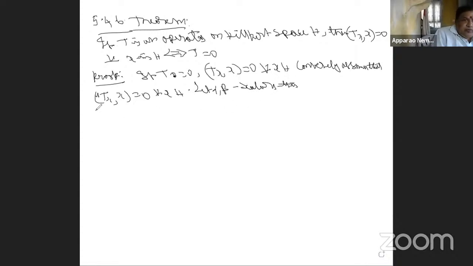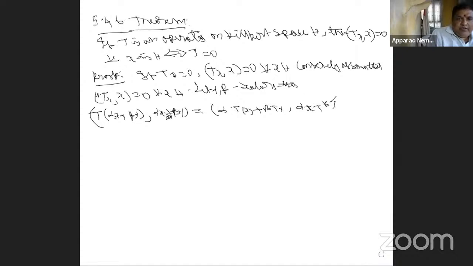Then we have T of alpha x plus beta y comma alpha x plus beta y, that equal to alpha of T of x plus beta of T of y comma alpha x plus beta y, that equal to alpha into T of x comma alpha x plus beta y plus beta into T of y comma alpha x plus beta y.